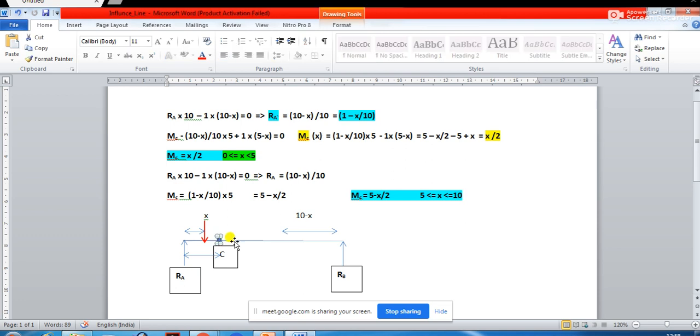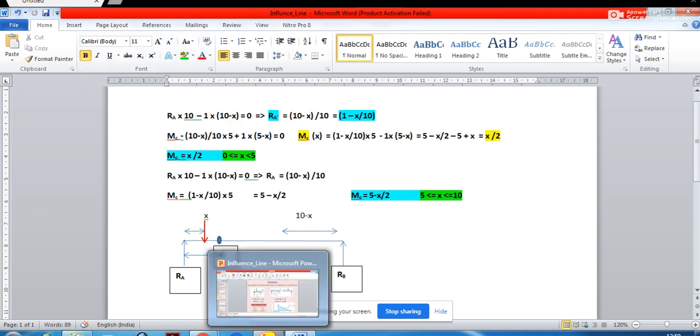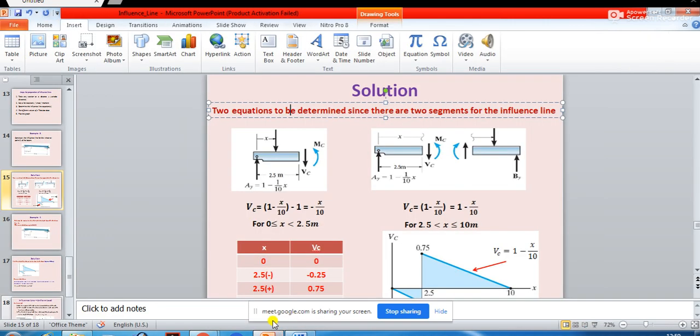So from here to here you will have to find out, right? So for two limits you will have to find out, and that's what we have said here, two equations to be determined, since there are two segments for the influence line. Do you understand why there are two segments for the influence line?